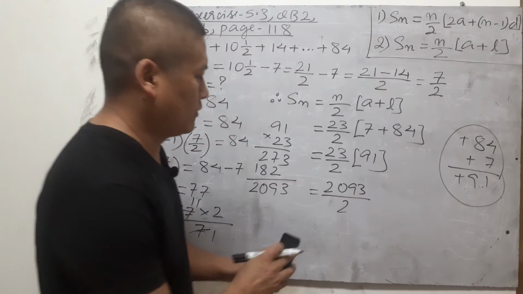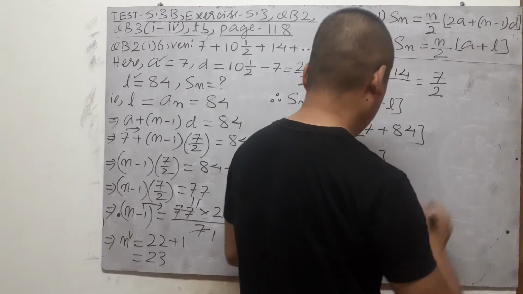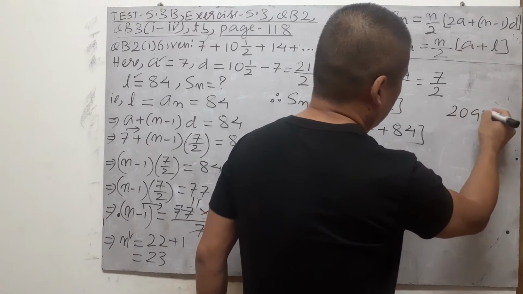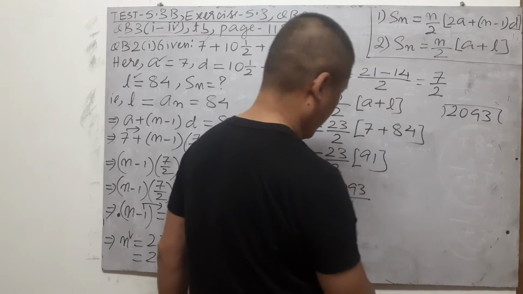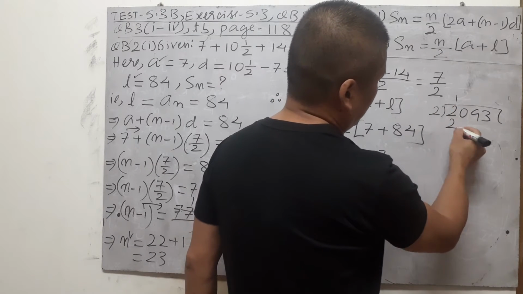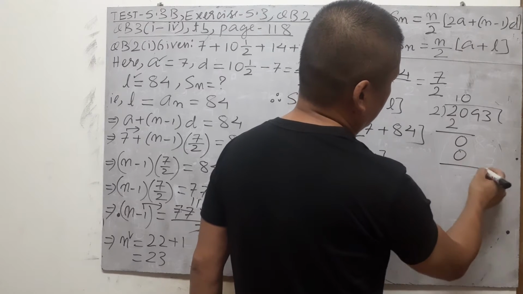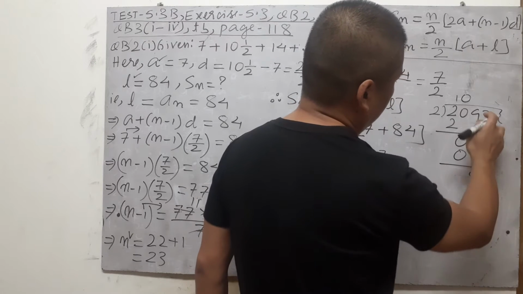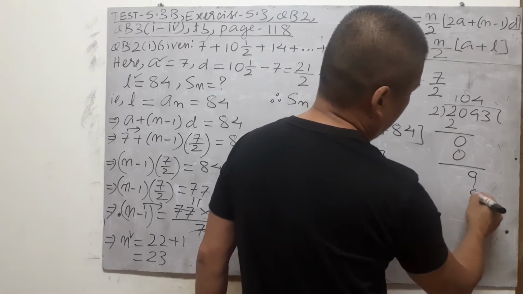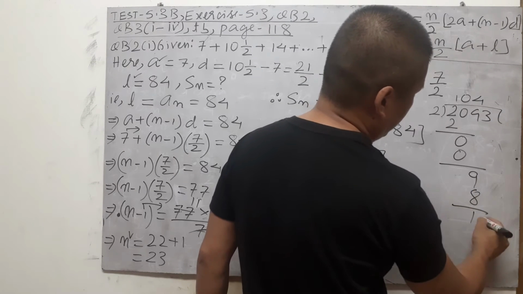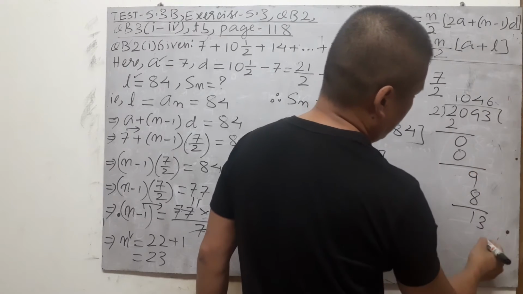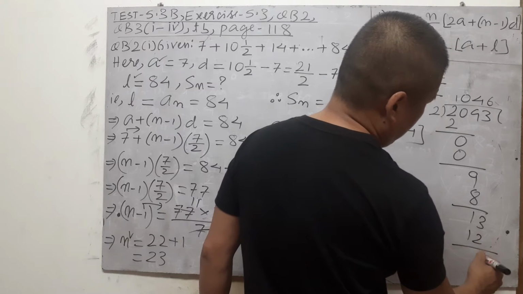So let's change this to the mixed fraction form. 2093 divided by 2. 2 ones are 2, nothing in hand, and next is 0. 2 zeros are 0, so you can just put that there. 9 is there, 2 fours are 8, 1 remainder, then 3, 2 sixes are 12, 1 remainder.